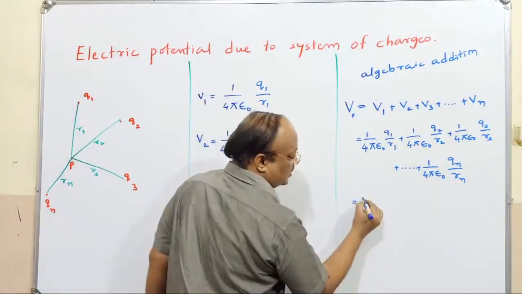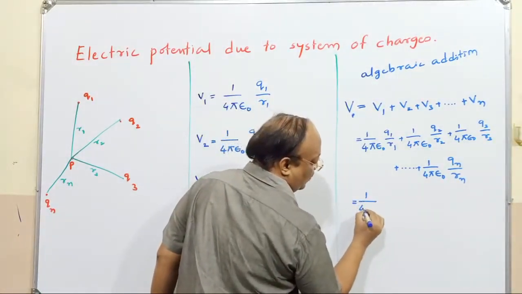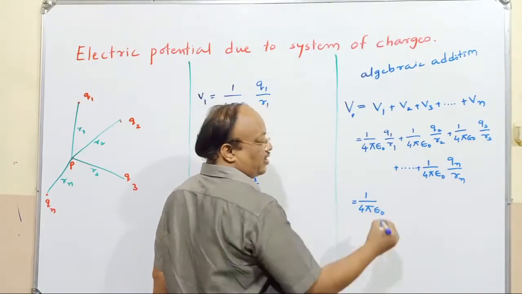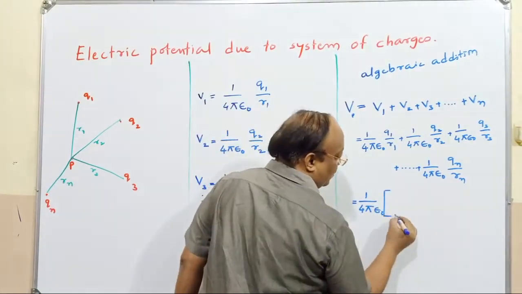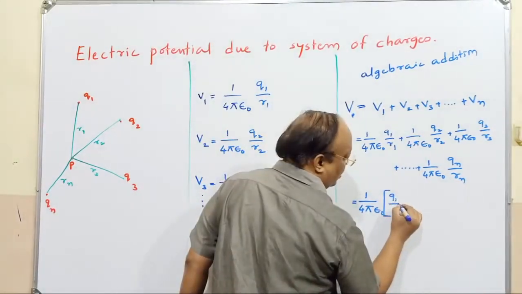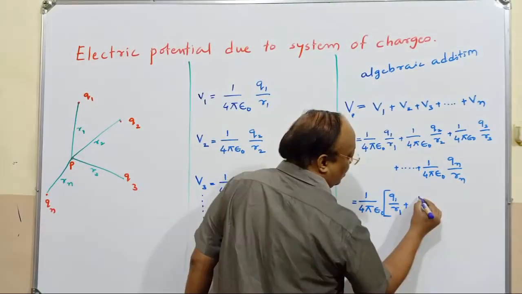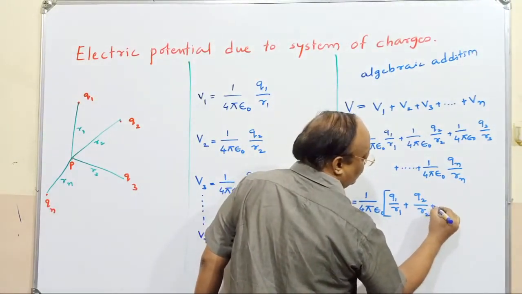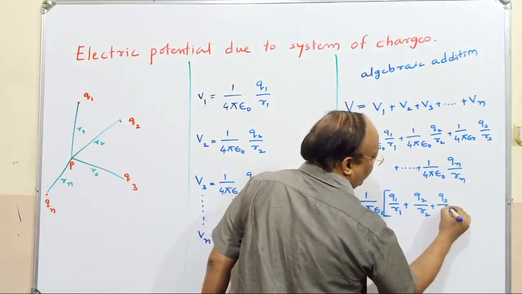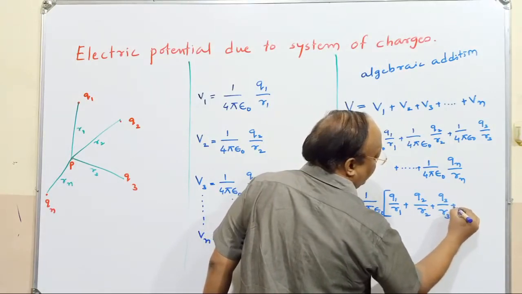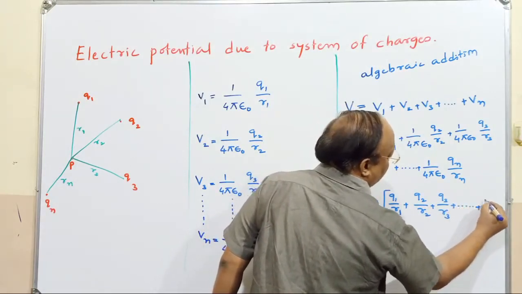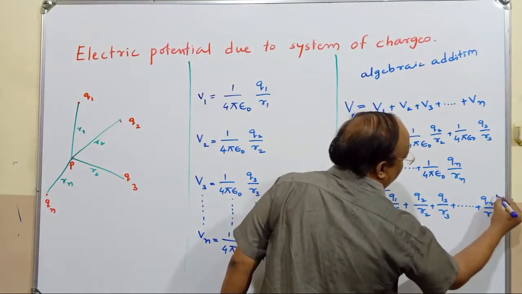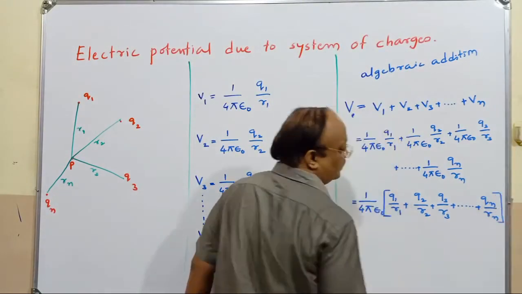If we take 1 by 4 pi epsilon naught common, what is left is Q1 by R1, Q2 by R2, Q3 by R3, and like this, Qn by Rn.